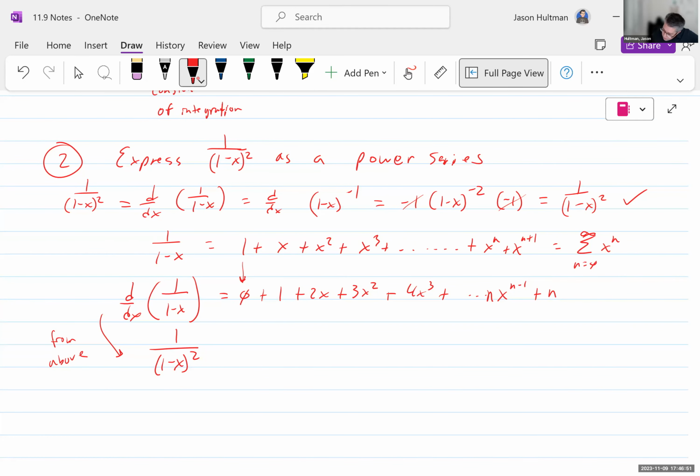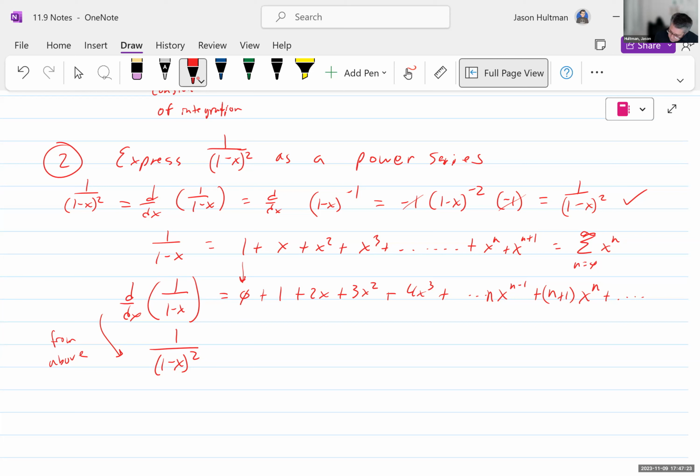And so this would be n plus 1 times x to the n, plus dot dot dot. I mean, we could start with 0 if we really wanted to, but we could back this out by one term.